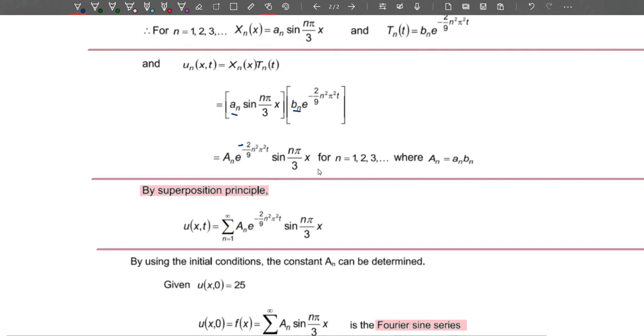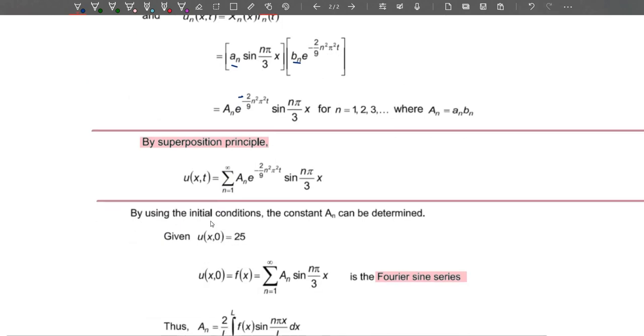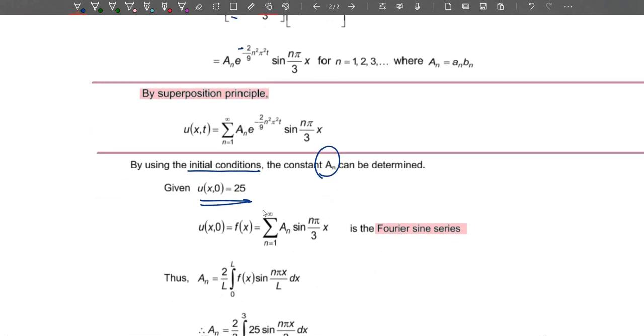And then by using the initial condition that we have earlier, which is u(x,0) equal to 25, we can determine the value for A_n. For u(x,0), we substitute t equal to 0. Here we will have exponent negative 2 over 9 n squared pi squared times 0, which is equal to exponent 0, which is equal to 1.